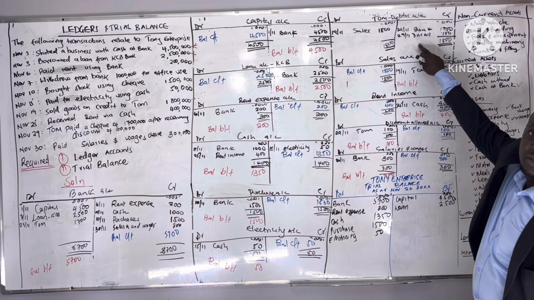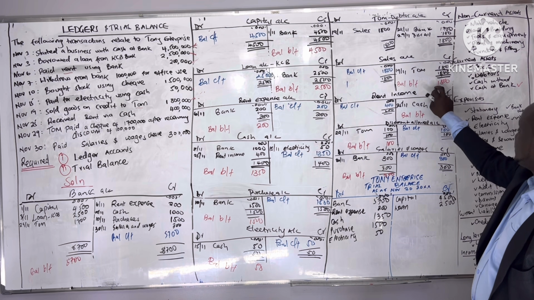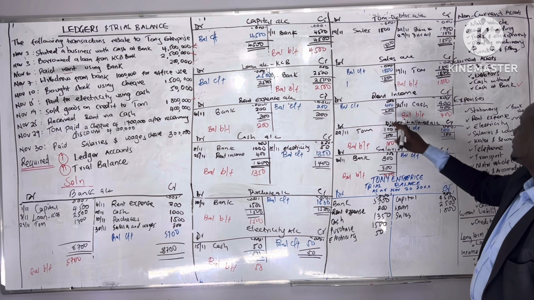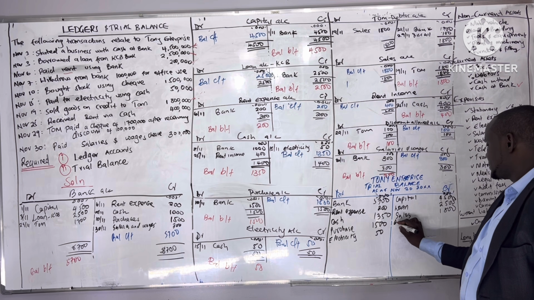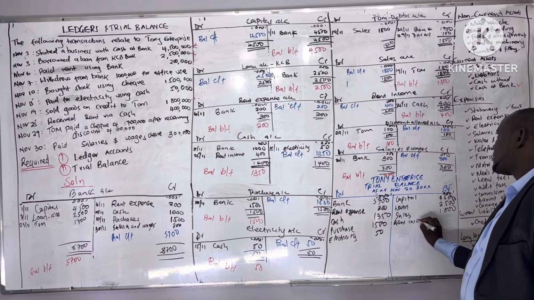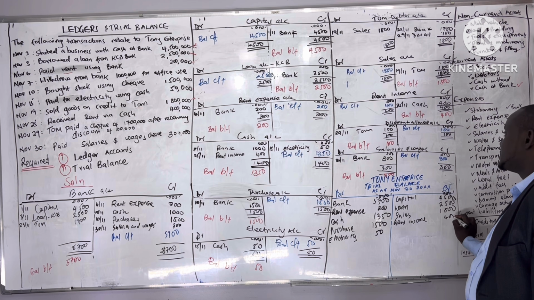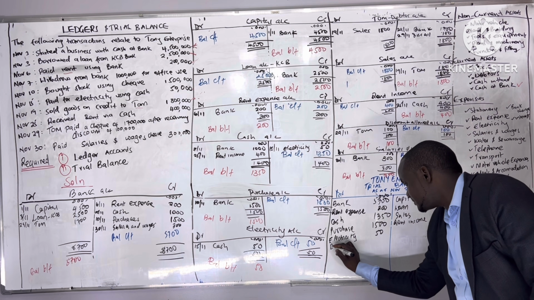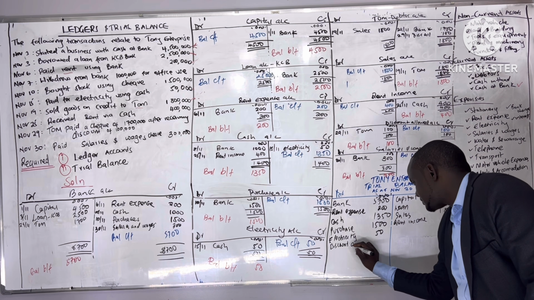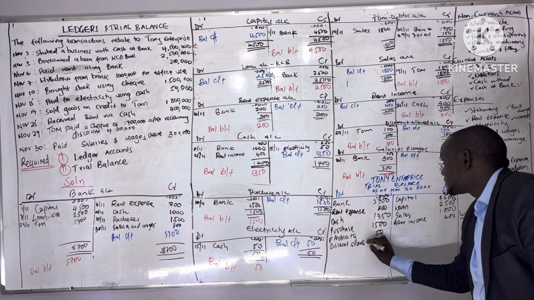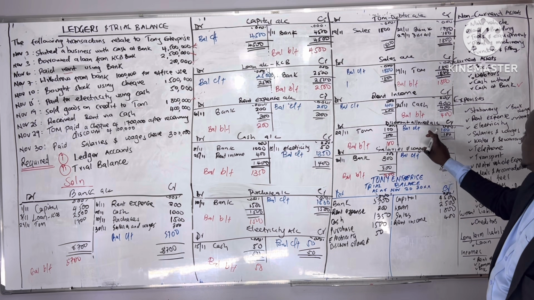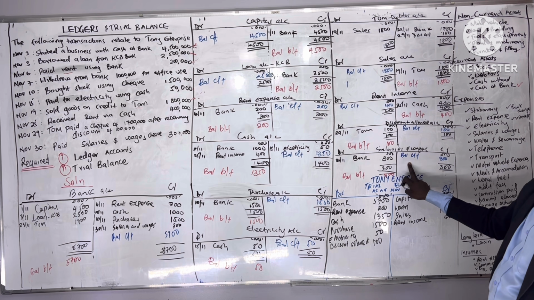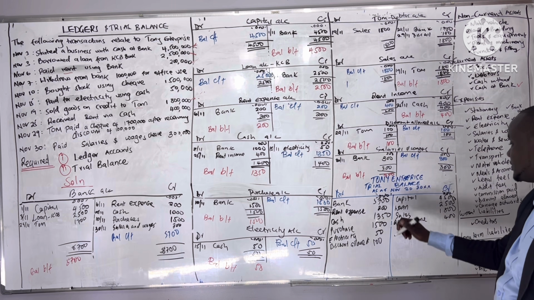This will not appear anywhere in the trial balance. We have sales on the credit. Sales is 1,800. We have rent income on the credit. The amount is 400. We have discount allowed on the debit. Discount allowed is 100. We have salaries and wages still on the debit, 300.